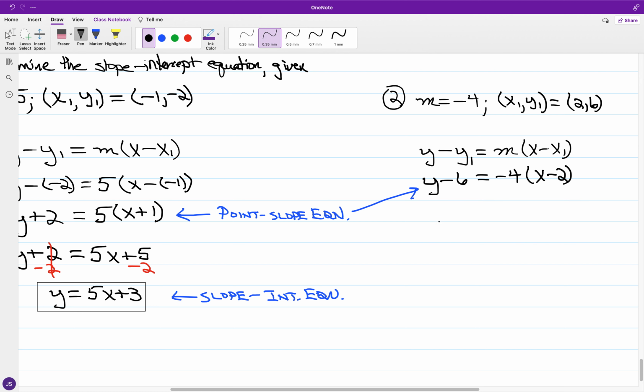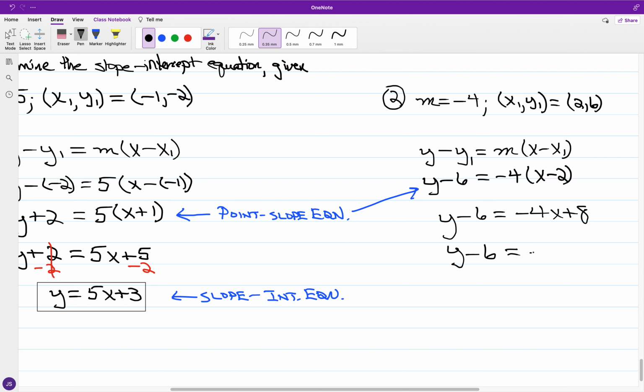And looking at getting y by itself, going ahead and distributing on the right-hand side, -4 times the quantity of x minus 2, so this will be -4x plus 8.